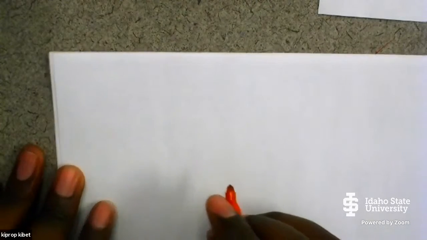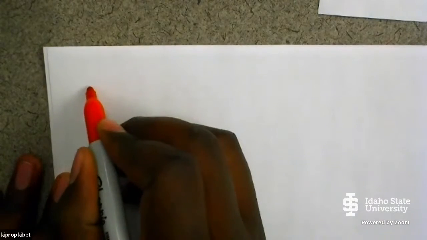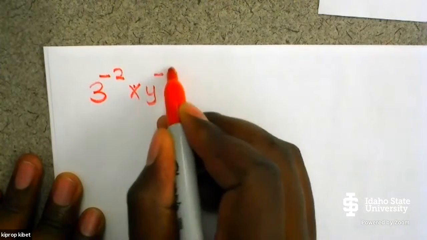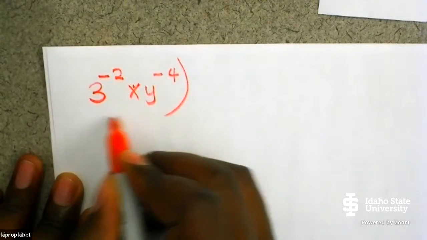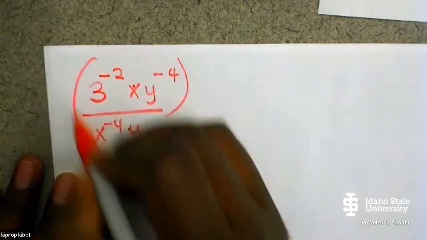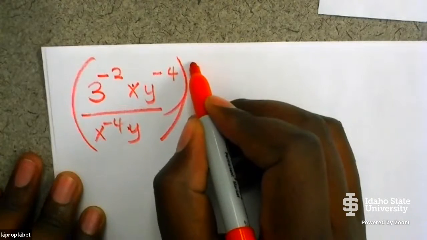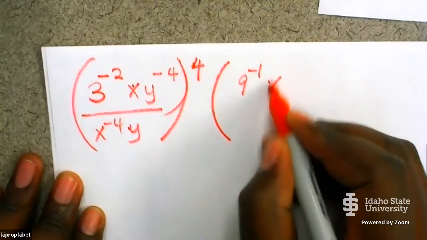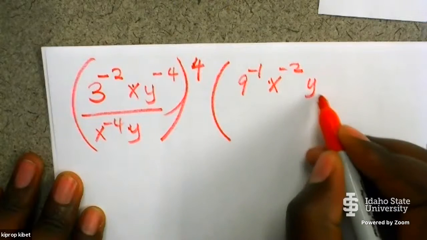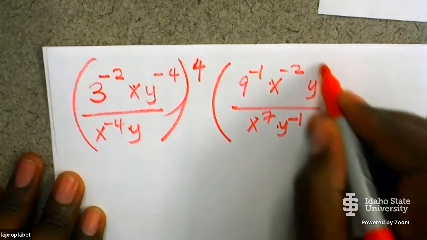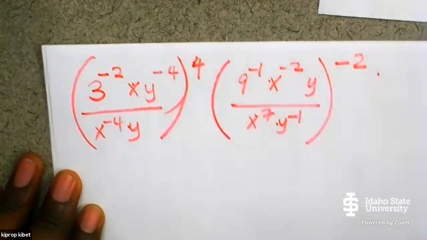Okay, so number 1 says (3 raised to minus 2, x y raised to minus 4, all over x raised to minus 4 y), all these raised to 4, multiplied by (9 raised to minus 1, x raised to minus 2, y, all over x raised to 7, y raised to minus 1), all these raised to minus 2.